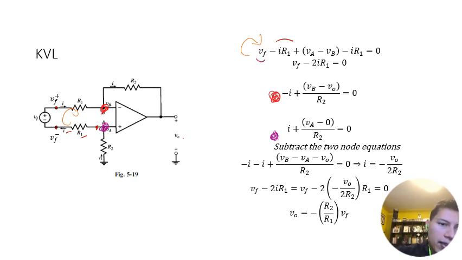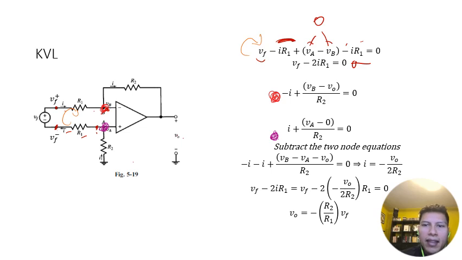So I started my loop here at VF, and then I have a voltage drop from I1 times R. And then I have a voltage drop from VB to VA, so VA minus VB. And then I have another voltage drop from here to here, which is negative I times R1. And then just like in the previous slide, VA equals VB, so this is 0. So I ended up with this equation.